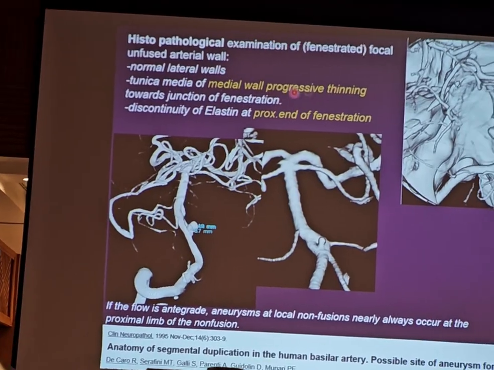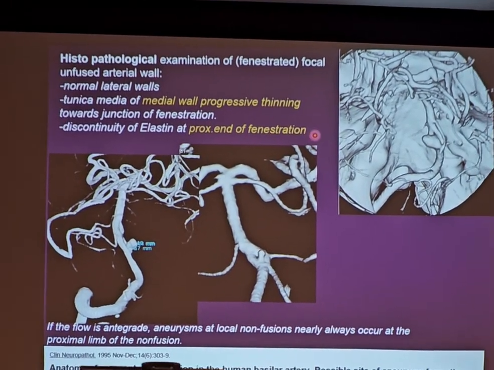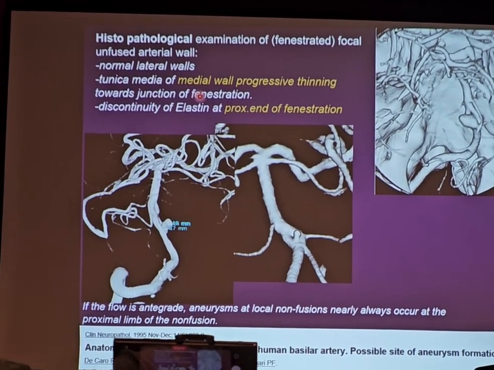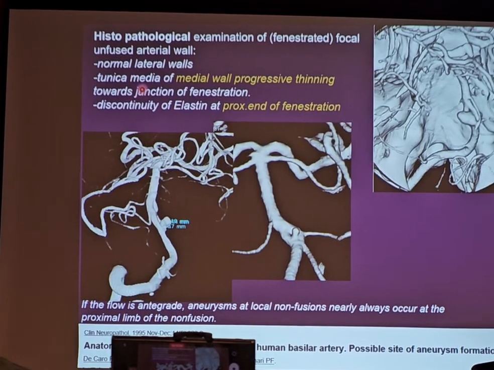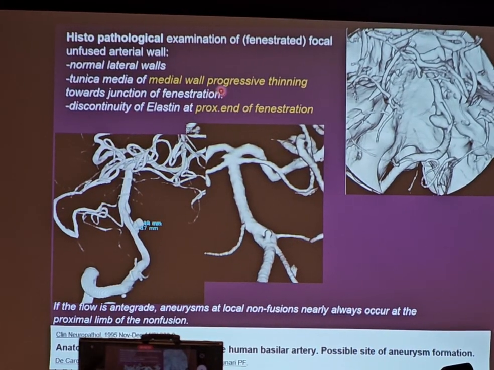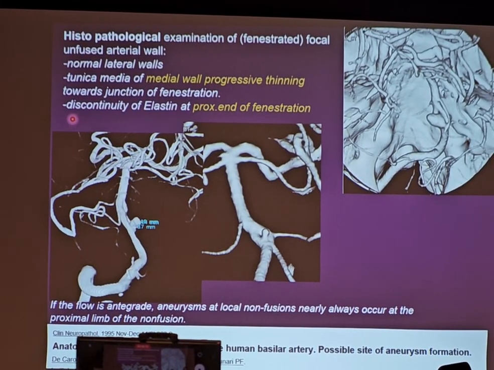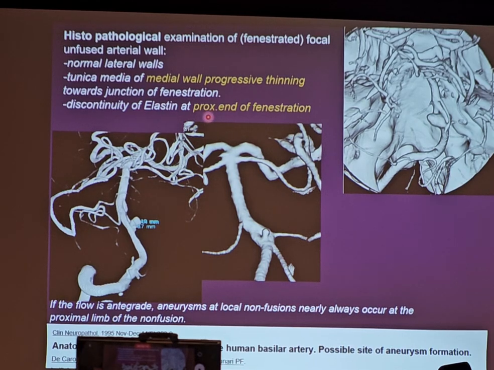What is the importance of, for example, a midline non-fused segment? Because the wall is not complete by then. In the histopathological section, the tunica media of the medial wall is progressively thinning, with discontinuity of elastin at the proximal end of the fenestration.